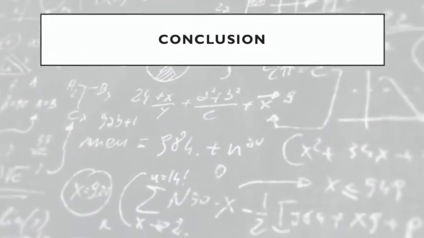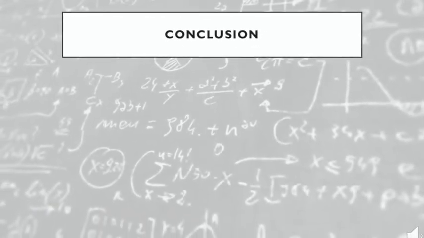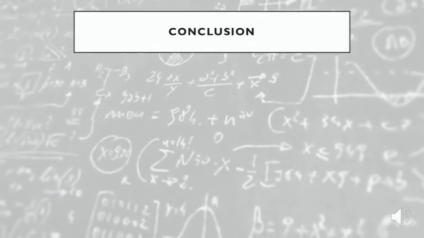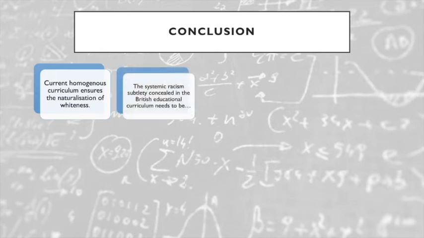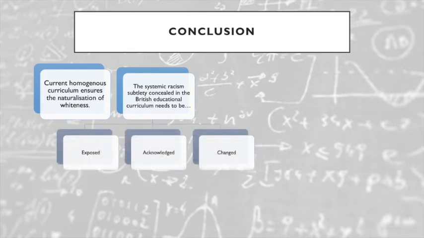Overall, the current normative homogeneous curriculum and assessment framework formulated around market principles ensures the naturalisation of whiteness as an objective against which other races are judged and compared. The systemic racism subtly concealed in the British educational curriculum needs to be exposed, acknowledged, and changed.